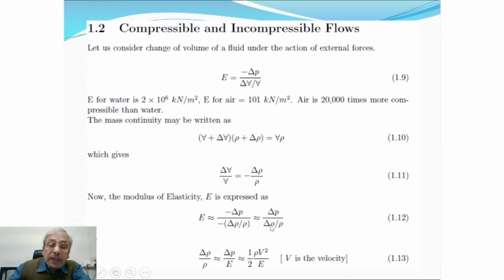Now we can express del rho by rho as nearly equal to del P by modulus of elasticity, which can also be written as half rho V square by modulus of elasticity. Change in pressure is proportional to rho V square, V is the velocity.